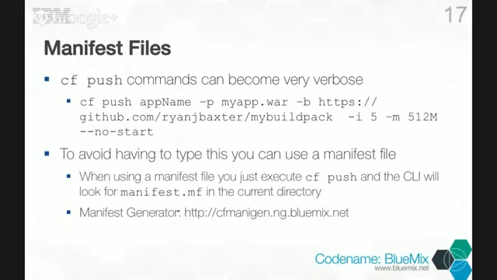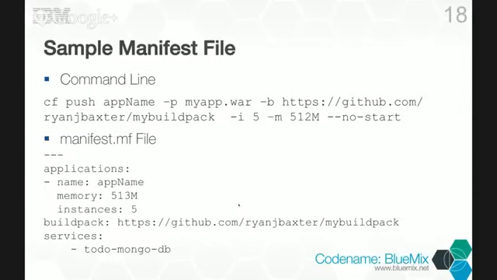I've written a nice tool that can generate your manifest file for you, since it's written in YAML, which is kind of a weird syntax. So if you're not used to YAML, you can go to this tool, cfmanandgen.ng.bluemix.net, fill out a form, and it will generate the manifest file for you. Just a quick example of what a manifest file looks like.